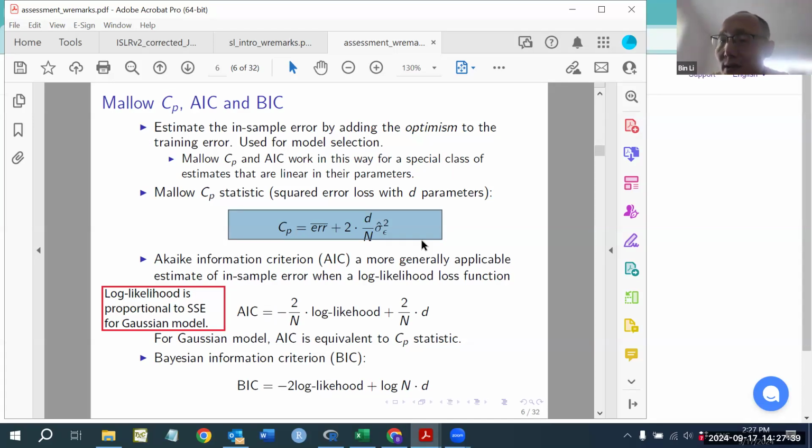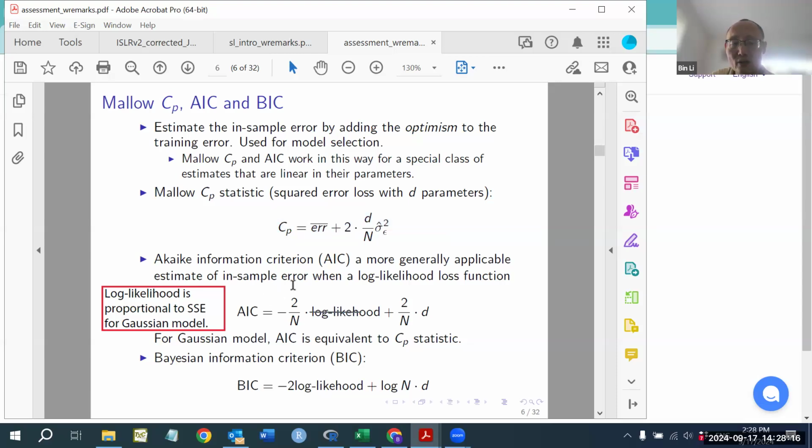Okay, and similarly, AIC and BIC, the Akaike information criterion, are more general settings, because Mallows only applies to squared errors. What if it's not squared errors? So we need some more general cases. Later we will talk about generalized linear models. We use the log likelihood instead. So this is more general. AIC changes the training error to the log likelihood.